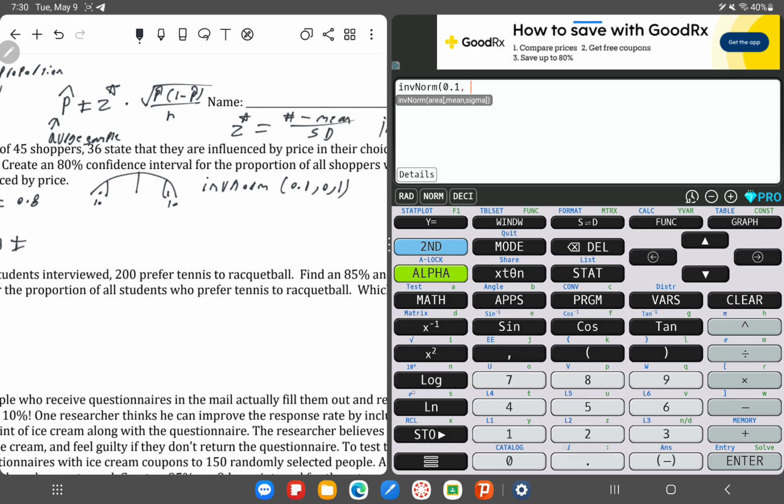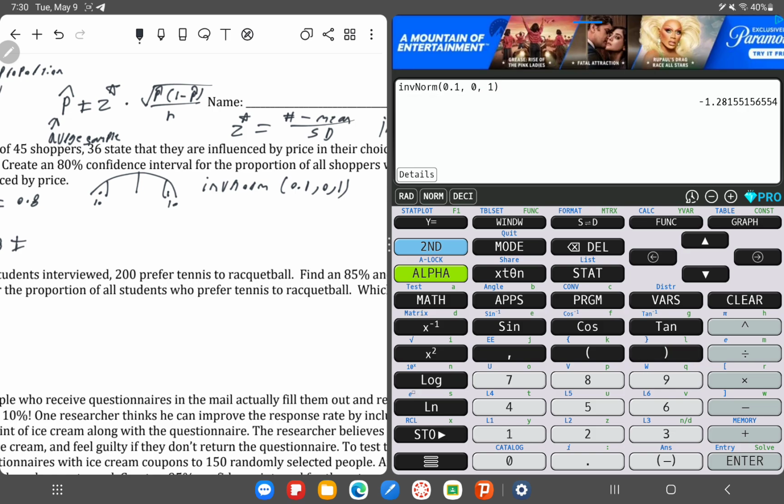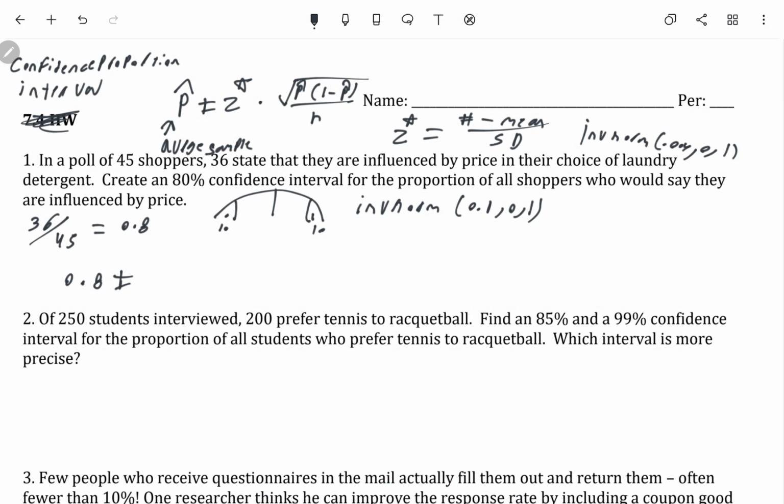Now this is a graphing calculator, not a normal scientific calculator, so that's why it has the var symbol. So now when we did this, we have 1.28, right? And when we have 1.28, that is our z star, 1.28.